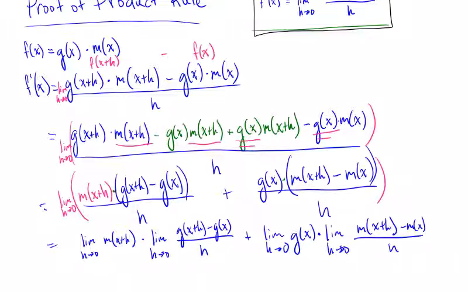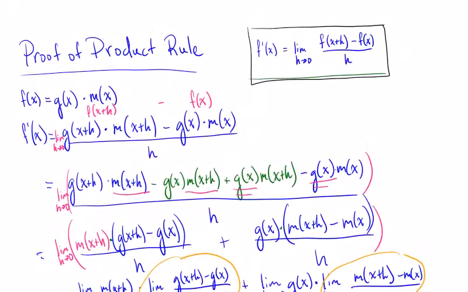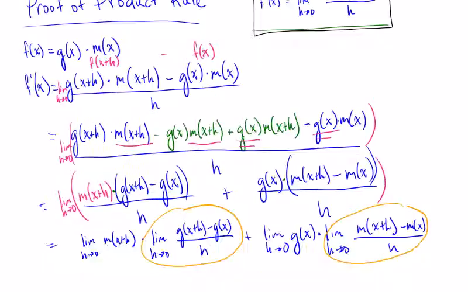Okay? All right, now some of this should look familiar, right? This right here and this right here, if you notice, is the definition of the derivative, right? It's the limit definition of the derivative. It's just with different letters, right?